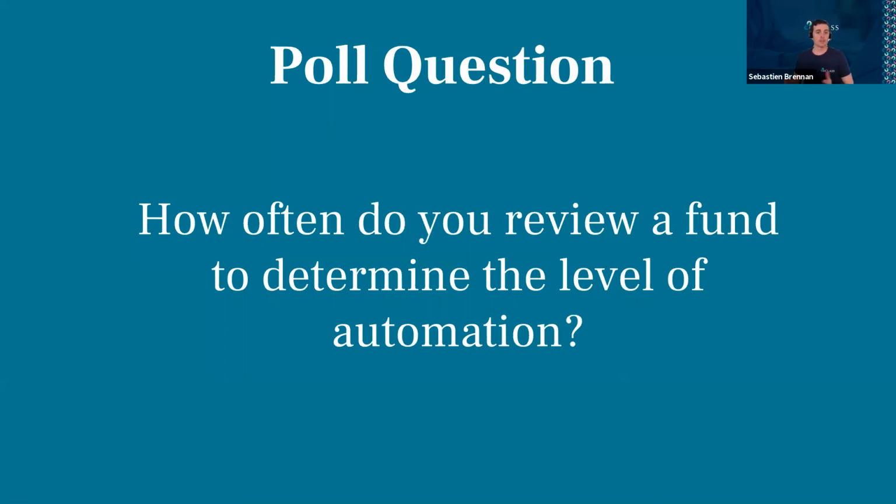So specifically here, we're focusing on the level of automation, not just how often are you reviewing a fund. The assumption is that you're going to be reviewing a fund for errors every time. But the question here is really focusing on the level of automation for a specific fund. And it's relevant, again, whether you're someone that's just processed the fund or whether you are the person who is reviewing. So we'll keep this open for a couple more moments.